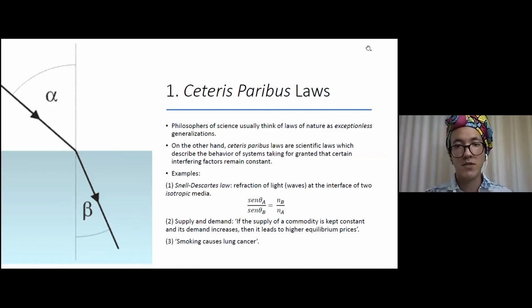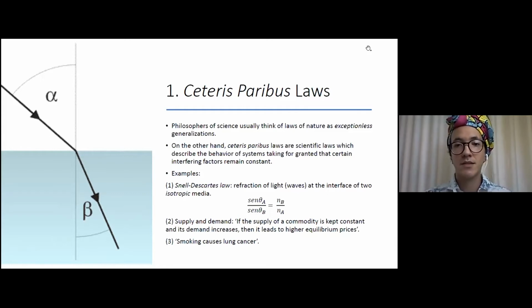Some examples of laws that are usually thought about by philosophers of science as Ceteris Paribus laws. We have, for example, the Snell-Descartes law concerning the reflection of light and the refraction of other waves. The Snell-Descartes law is a Ceteris Paribus law because it assumes that the medium in which the light is propagating is isotropic.